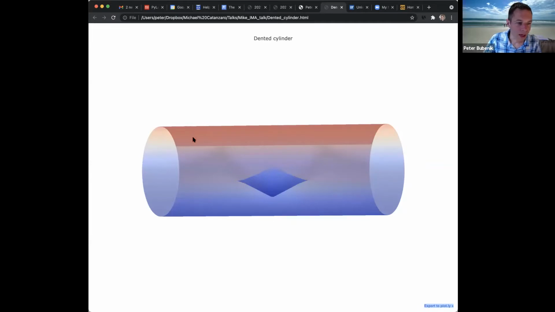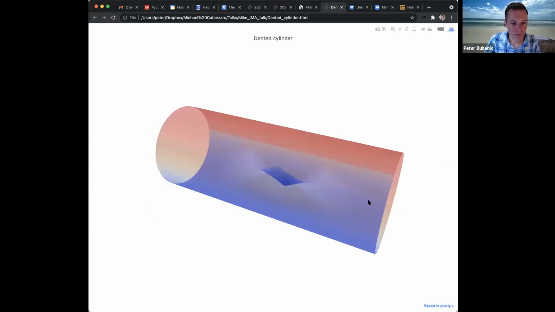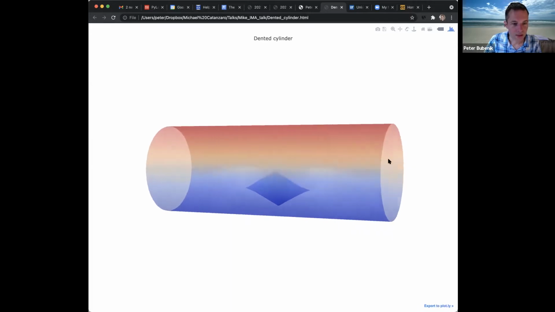And so we have this wrinkled cylinder, and kind of faintly here you can see what the one-dimensional slices look like.